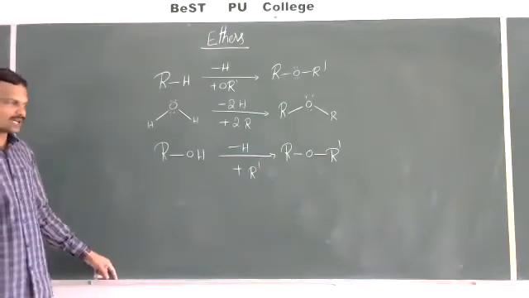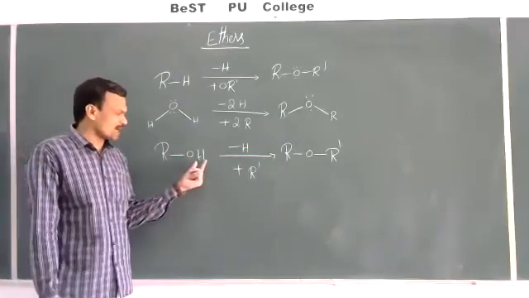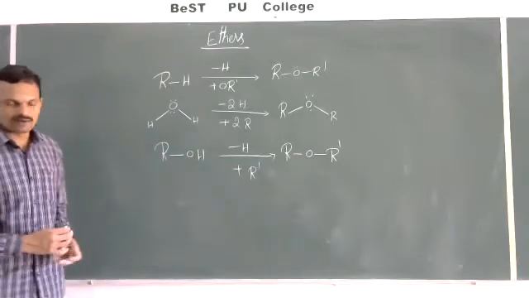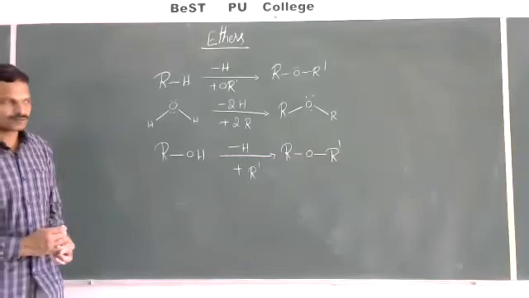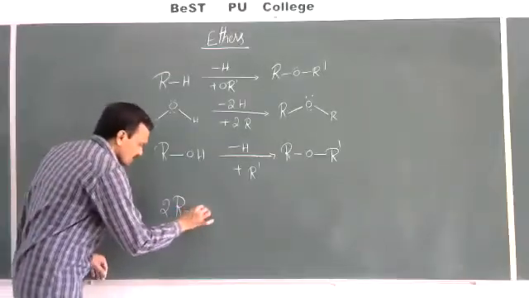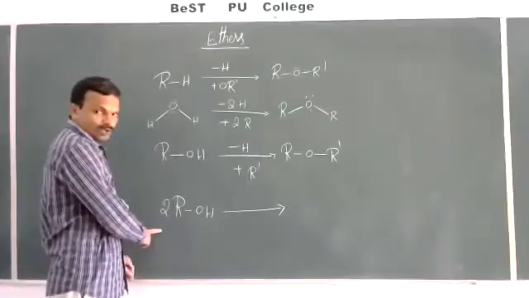So ethers are the alkyl derivatives of alcohols, which are obtained by replacing a hydrogen of OH by an alkyl group. So alkyl derivatives of alcohols are nothing but ethers. In one more way also we can define it: the intermolecular dehydration product from two alcohol molecules.